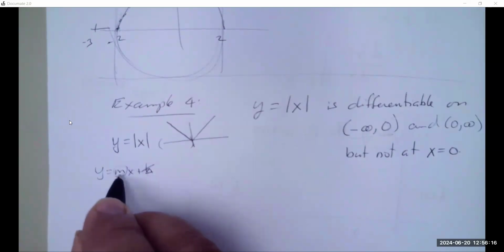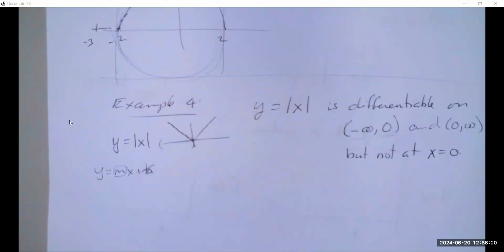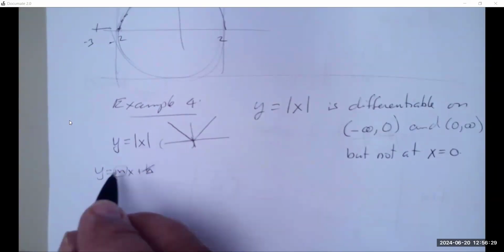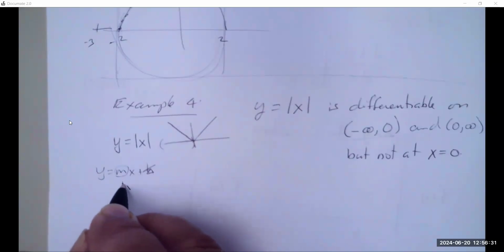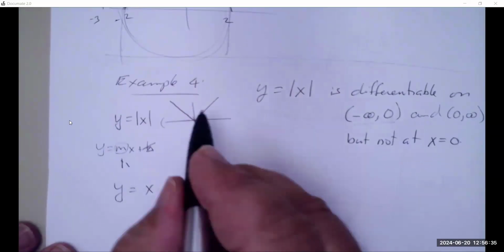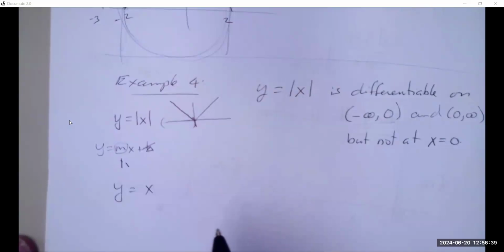What is the slope of this side? What number is in front of x? 1. So on the left-hand side, if x is negative, what value is in front of x?